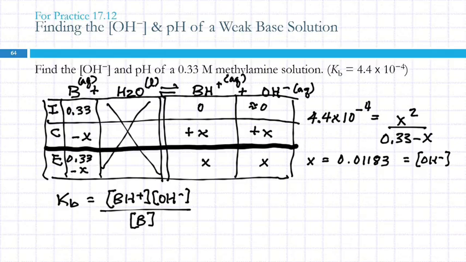Okay, so what I'm going to do is find the pOH of this. So that's the negative log of what I just calculated here. Oops, that's not what I wanted.